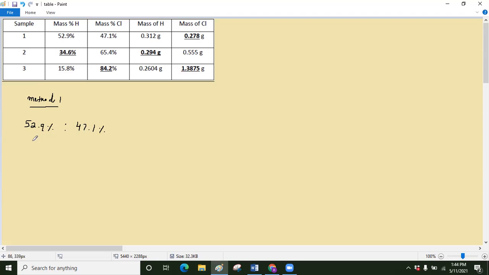So this makes sense. But in order to really work with this, let's go ahead and convert these to their decimal equivalents. Any percentage, 52.9% included, is over 100. So you could write the percentage this way, or you could write it equivalently as 52.9 over 100.